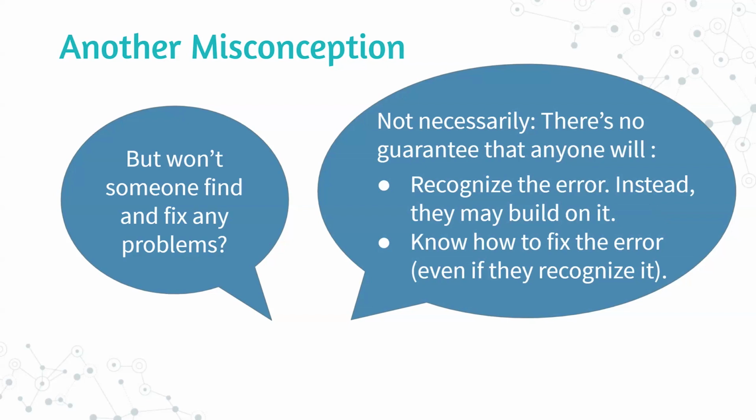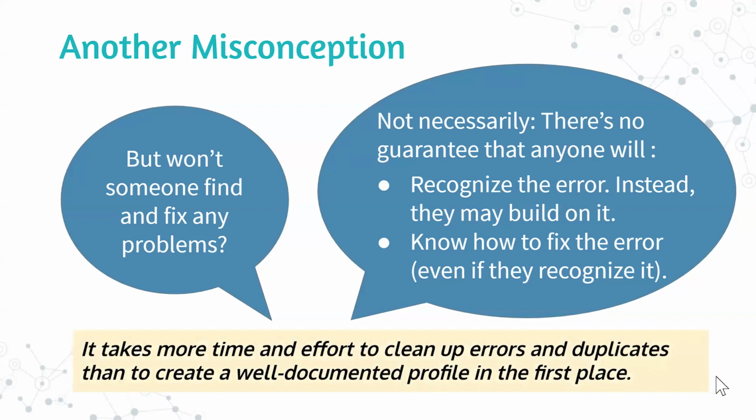And there are some people who may recognize the error, but there's still no guarantee that they will know how to fix it. A lot of these errors and duplicates really take intermediate to advanced skills to fix, which is again why it's so much better to put the information in accurately than to put it in haphazardly or inaccurately, expecting that it's going to be cleaned up.